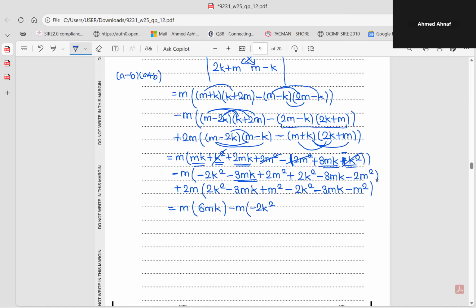Yep, I believe that's it. All right, so here we can see the 2m squares cancel out, as well as the 2k squares. So we only have minus 3mk, minus 3mk, which is minus 6mk. All right, and then for the last one, 2k squares cancel out, as well as the m squares.